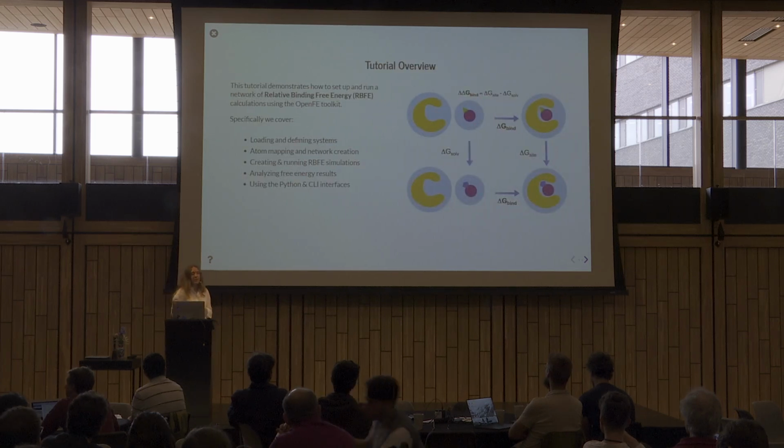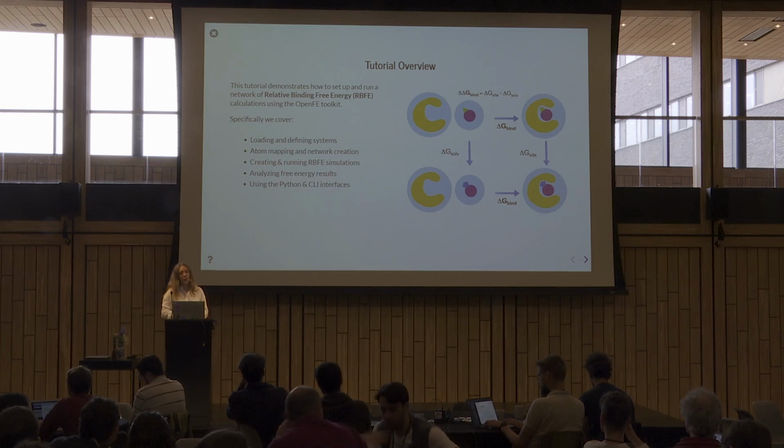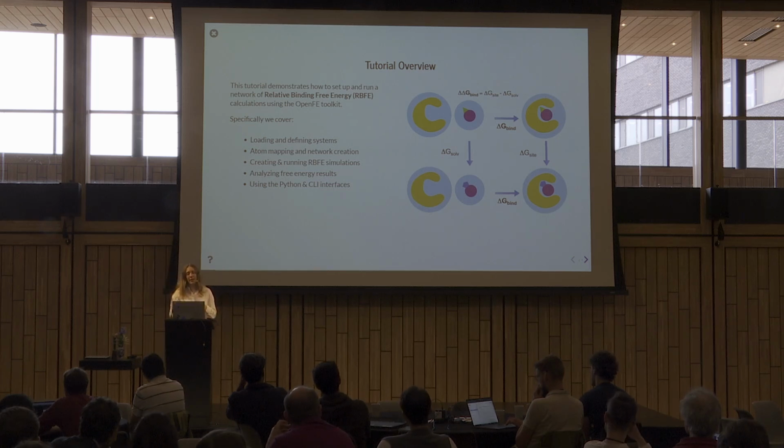Specifically, I will go over a few different steps that it takes, starting from the protein and the ligands, to run the relative binding free energy calculation. We will look at loading and defining our systems. We will then look at how to create these atom mappings and our ligand networks.